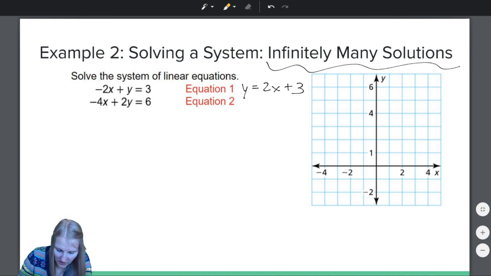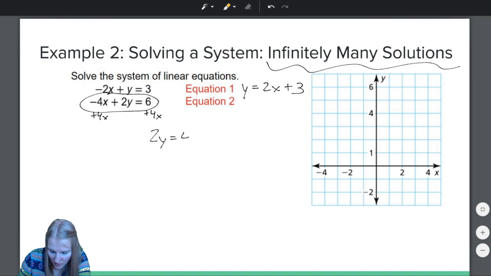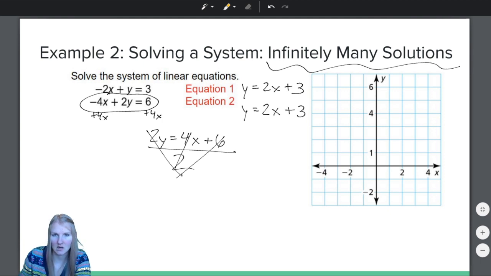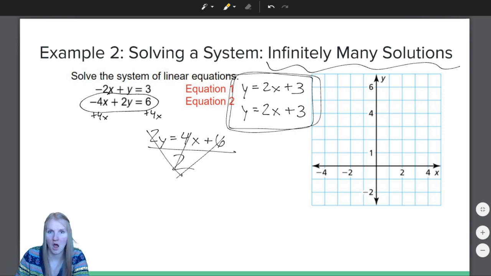If I solve the second equation, I need to add 4x to both sides, 2y equals 4x plus 6, and divide everything by 2. So we get y equals 2x plus 3. Those are the same line.